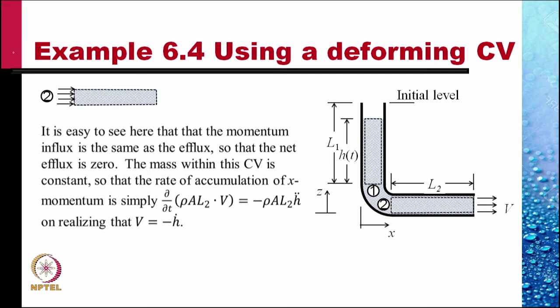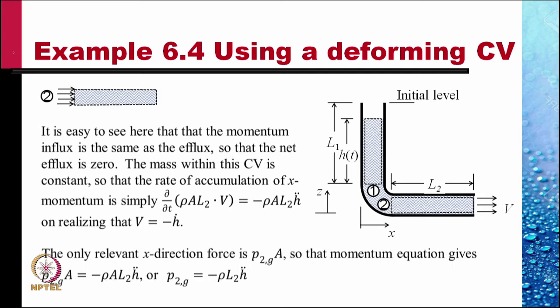So this is the rate of accumulation, and that should be equal to the net external force applied on the system. The only external force in the x direction is P2g times A. And from this, we get P2g equal to minus rho L2 h double dot.